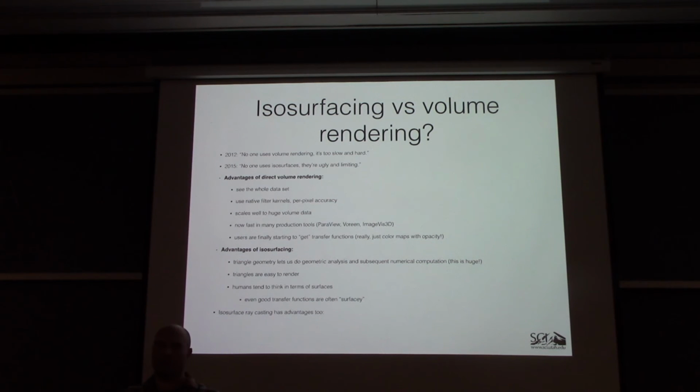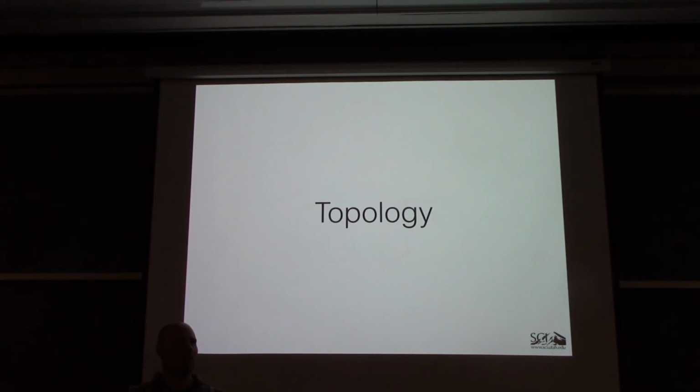So even if you're not using marching cubes specifically, but you want to visualize a contour or several contours, very often it's easier to understand your data set in terms of 3 or 4 contours than it is to do a big volume rendering with a color map ramp, and not really spend time on the transfer function. So a lot of these are reasons you would want to go for isosurface raycasting as opposed to marching cubes or direct volume rendering, but there are pros and cons to all of them.